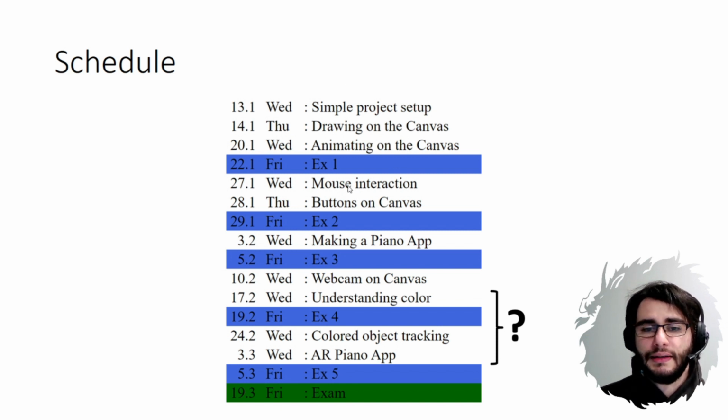Then the week after that, we learn how to interact with the mouse, how to make buttons appear on this canvas. And around the midway of this course, we are going to build a piano app that you play using your mouse on the screen. So not any fancy augmented reality things yet.